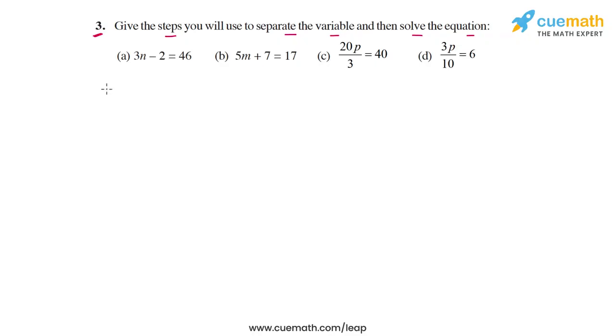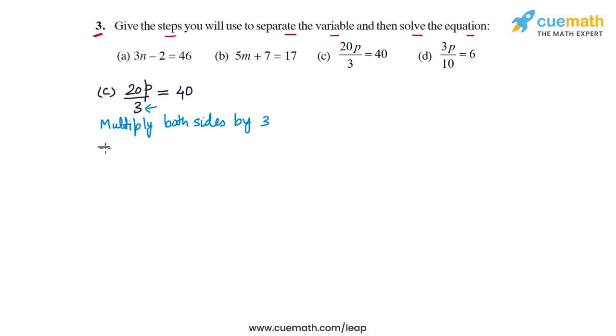In part C, the equation is 20p by 3 is equal to 40. So first we can get rid of this 3 in the denominator by multiplying by 3 on both sides. So multiply both sides by 3. So this can be our first step.